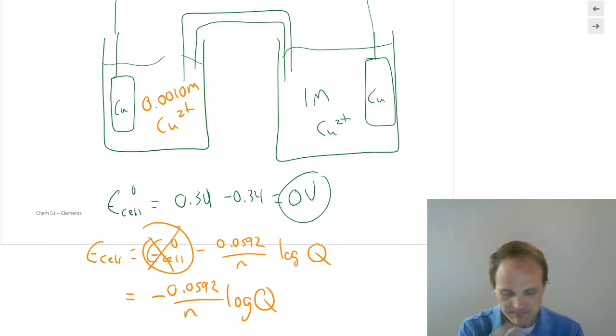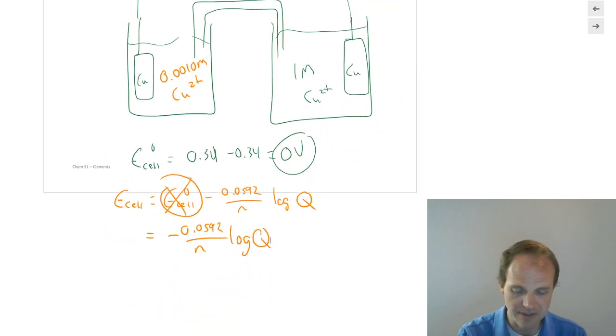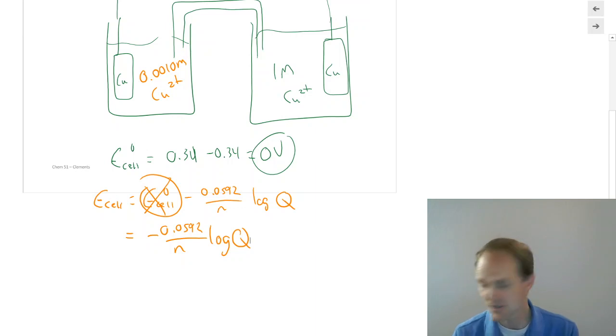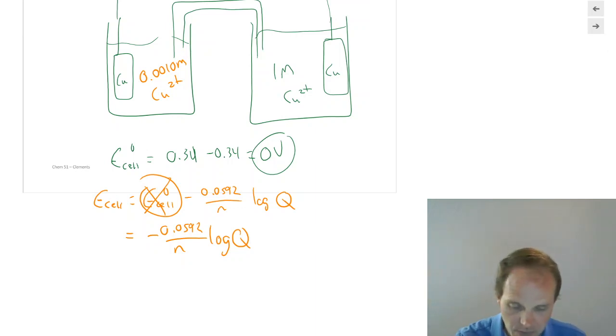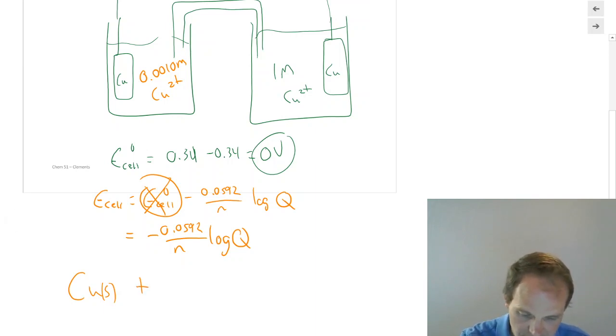Well, let's think about what could happen in this situation and see whether maybe it will happen. So what we're going to do is write things in color here. We're going to use copper solid on the left, and on the right we have green Cu2+.